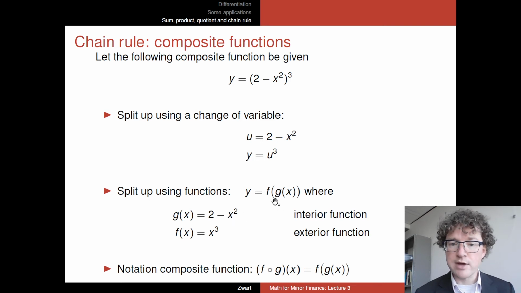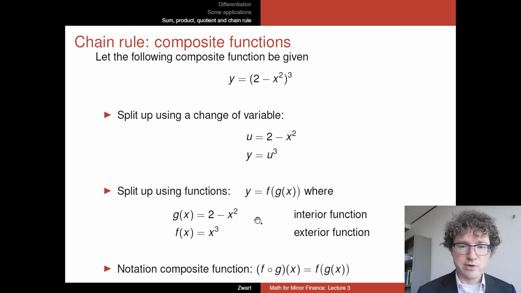And the result of that we plug into the second function f, which is just a cubic function, raising something to the power 3. If I plug x into f, it gives me x to the power 3. If I plug g, in other words 2 minus x squared, into f, it gives me 2 minus x squared to the power 3, precisely what we wanted. So this is the functional notation of this same composite function.